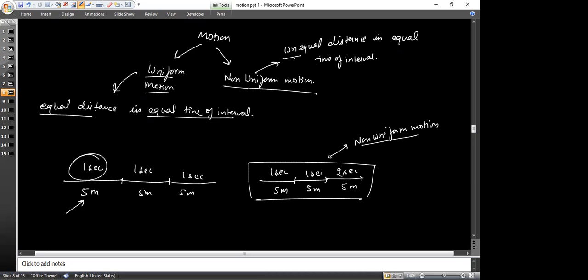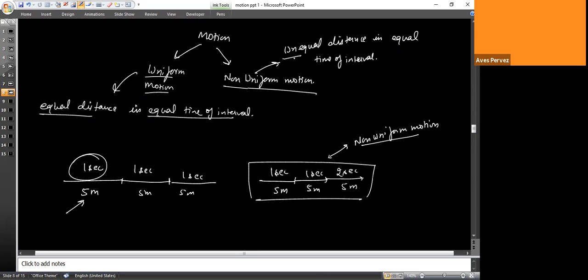Yes, uniform motion and uniform speed also. But initially, when we turn on the fan, during that time it is in non-uniform motion. But after a certain time, when its speed reaches a fixed rotational speed, then we can consider it to be in uniform motion.